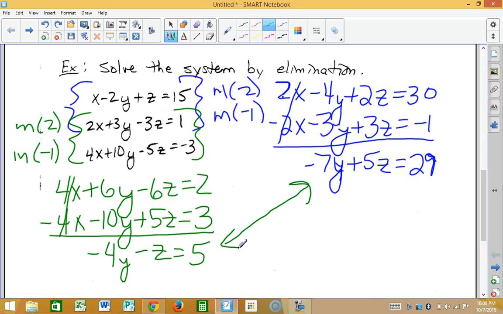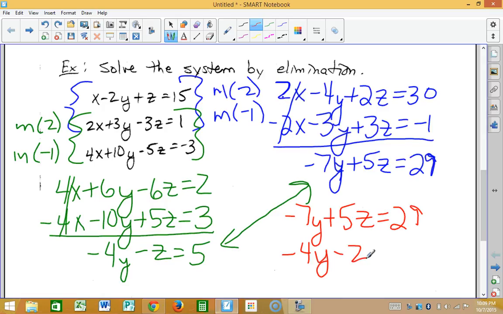All right, so as you can see here, both of these equations that we just created: we got negative 7y plus 5z equals 29, and we have negative 4y minus z equals 5.